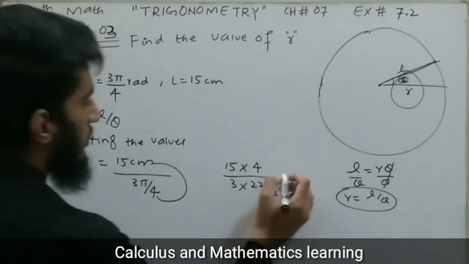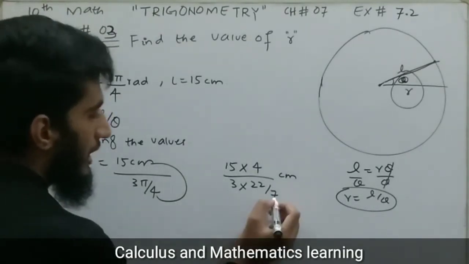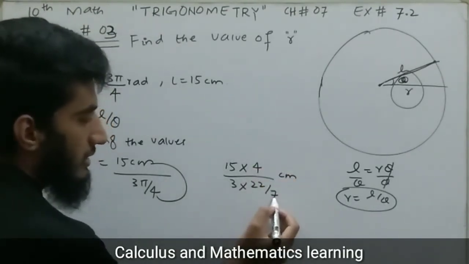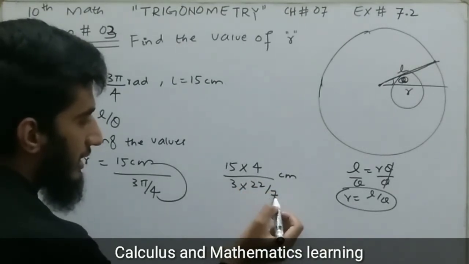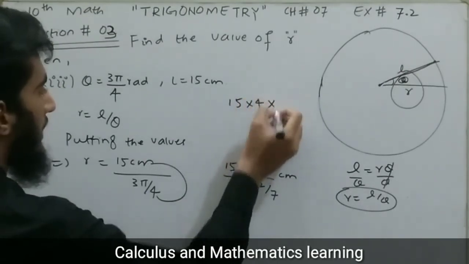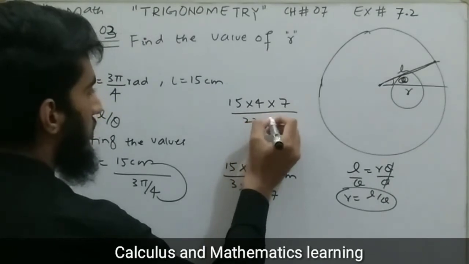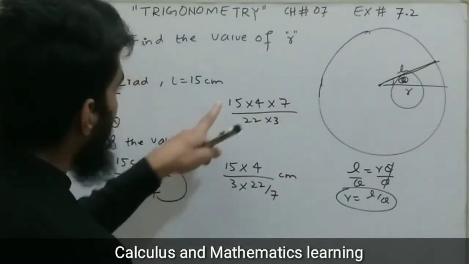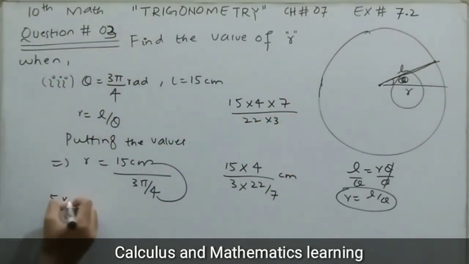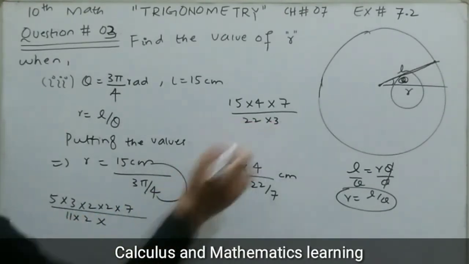Now this is the radius, so the unit will be centimeter. Now by calculating its value, first we will move this 7 to the numerator because it is also in the third division. So it becomes 15 multiplied by 4 multiplied by 7, and in the denominator we have 22 multiplied by 3. Now 15 can be written as 5 multiplied by 3, 4 can be written as 2 multiplied by 2, multiplied by 7, and divided by 22 can be written as 11 multiplied by 2, multiplied by 3.